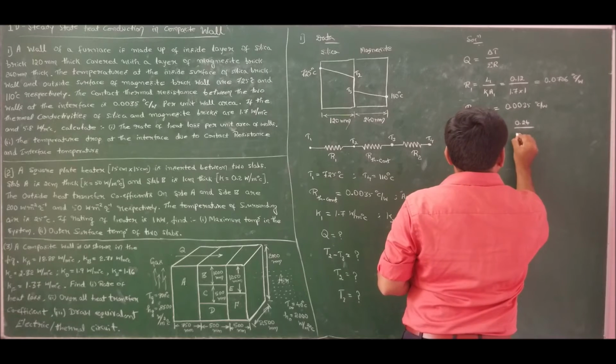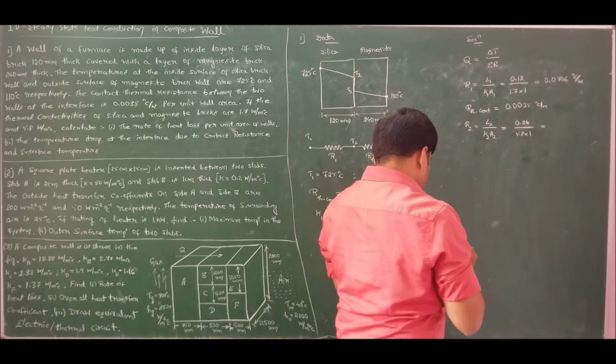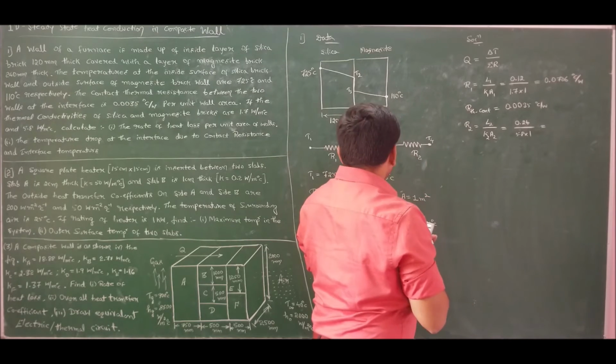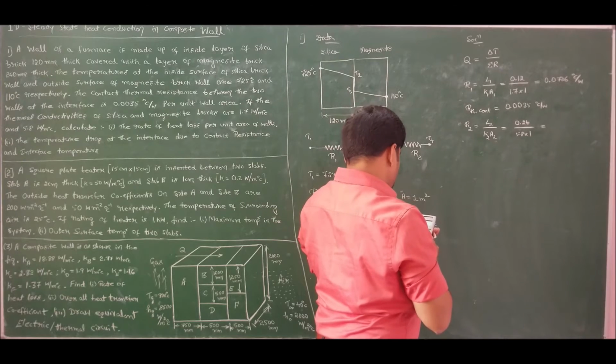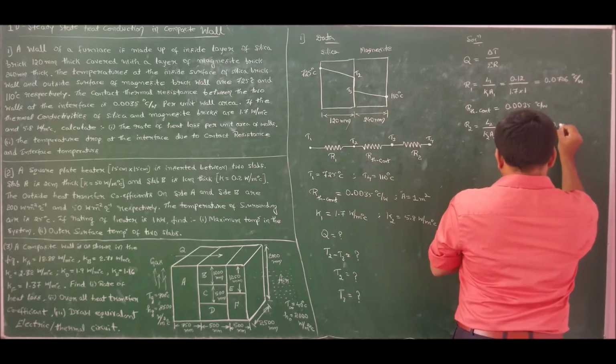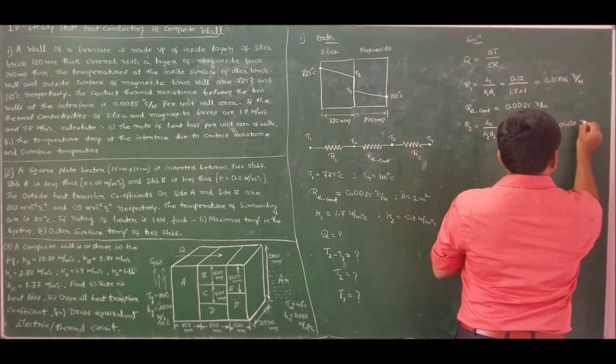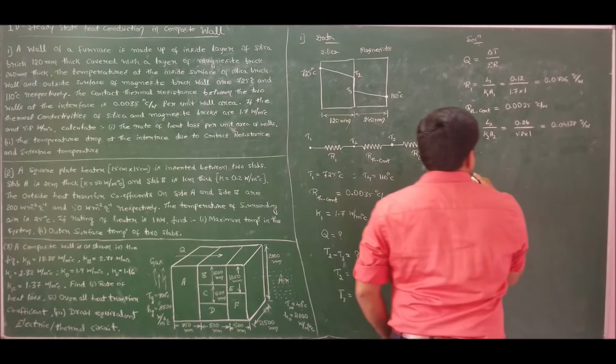Thermal conductivity is 5.8 into area is 1 meter square. Hence, the answer is turning out to be 0.24 by 5.8, which is 0.04138 degrees Celsius per watt.